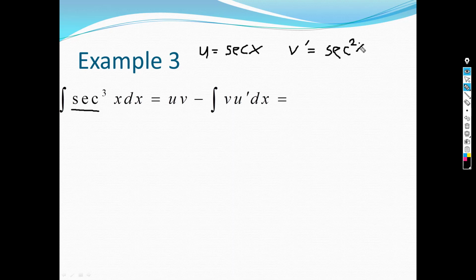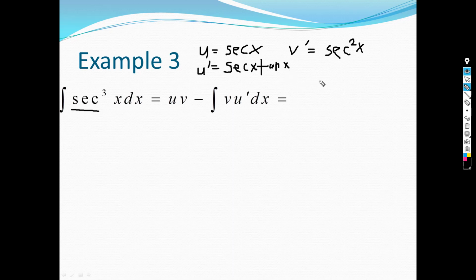Okay, so again, we want to select u so that we can take the derivative. We want to select v prime so we can take the antiderivative. Okay, so from here, u prime, the derivative of secant of x, is secant of x tangent of x.